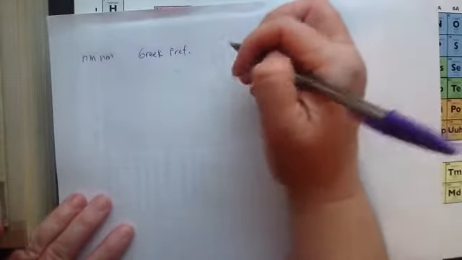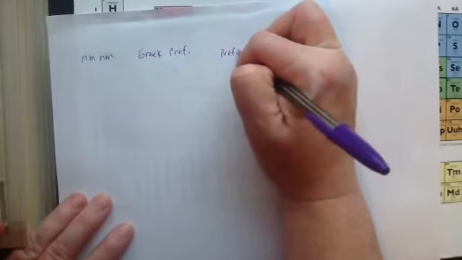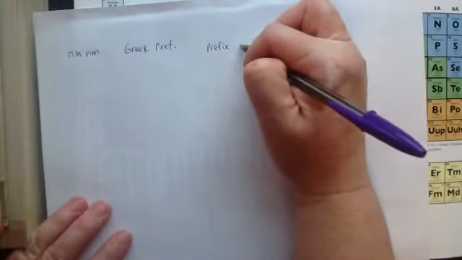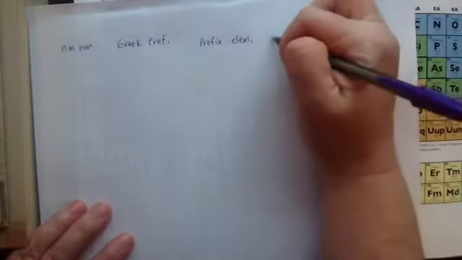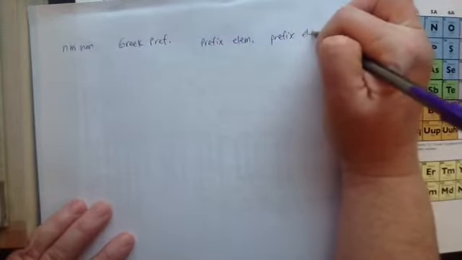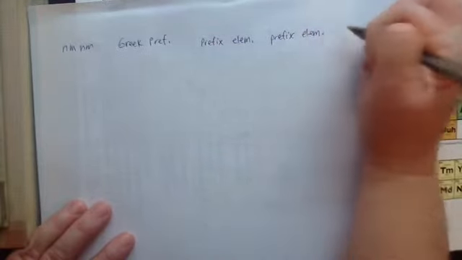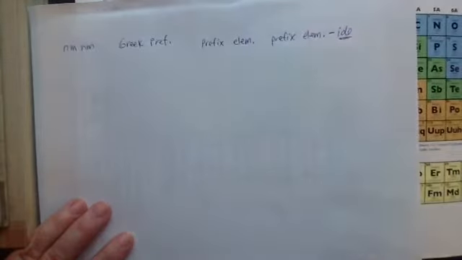You would say the prefix and then the name of the first element, and then a prefix, the name of the second element, but then you would add the ending IDE. IDE means that's one element.